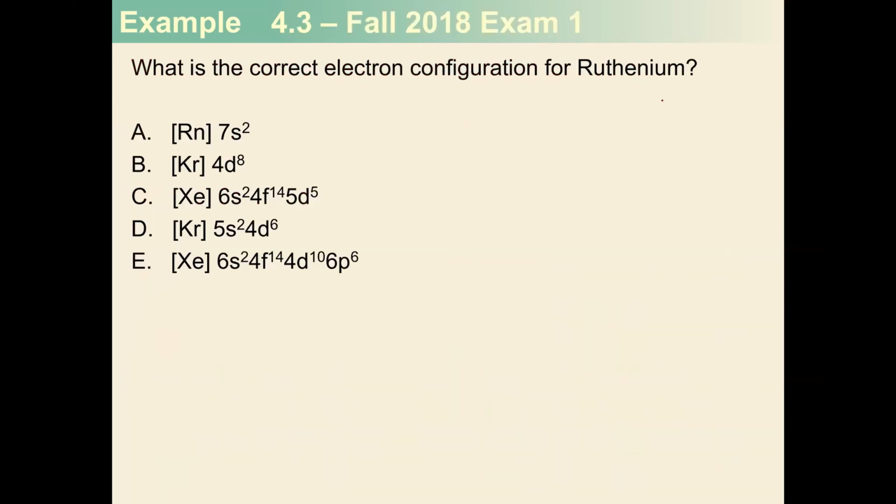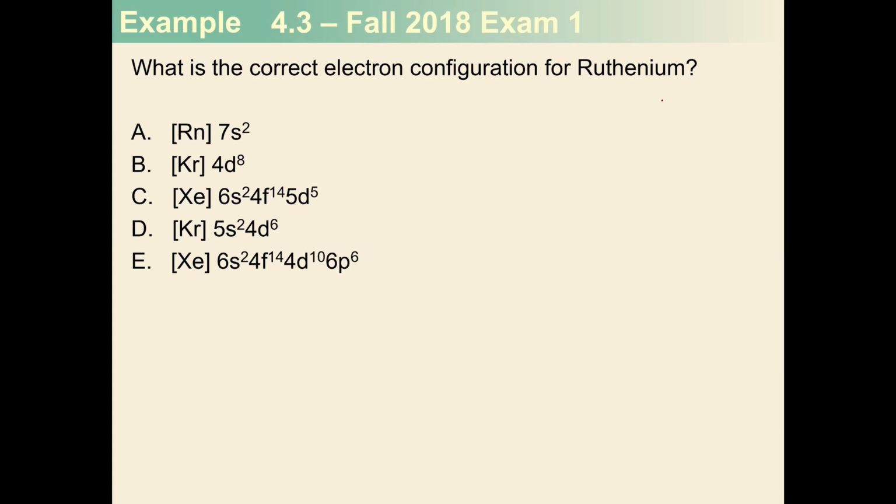So let us try this final example for ruthenium. What is the correct electron configuration for ruthenium? It's very important that you look at your periodic table to see where it is. So as you're going through, in the transition metals, in B6, you will find ruthenium.